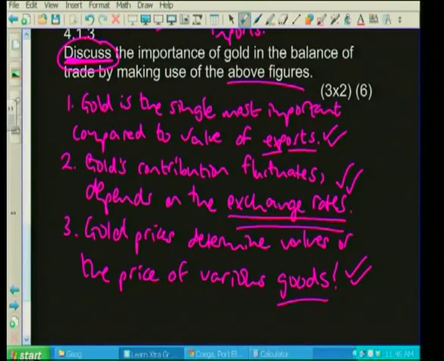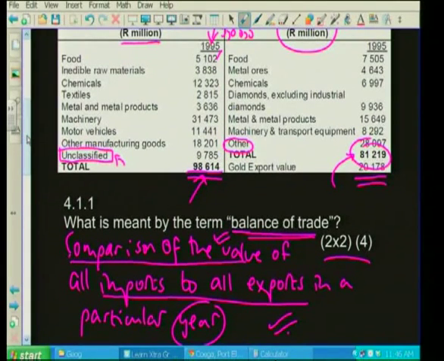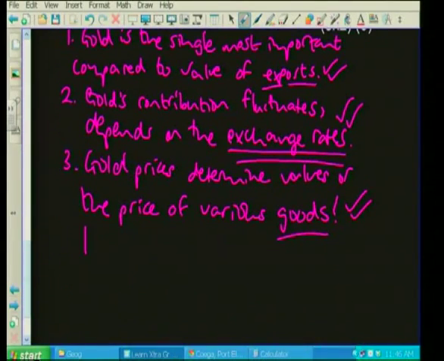Okay, 6 marks there. You need 3 points, nicely outlined, explained, sufficiently discussed in a lot of detail, but they also want some figures here. So we go back to the graph and we look there. In 1995, gold was 20,178. So we can talk about that here.